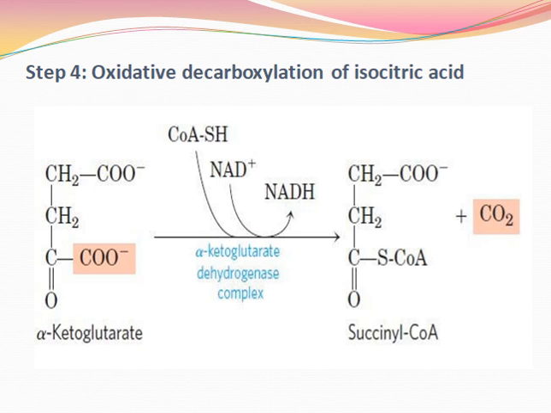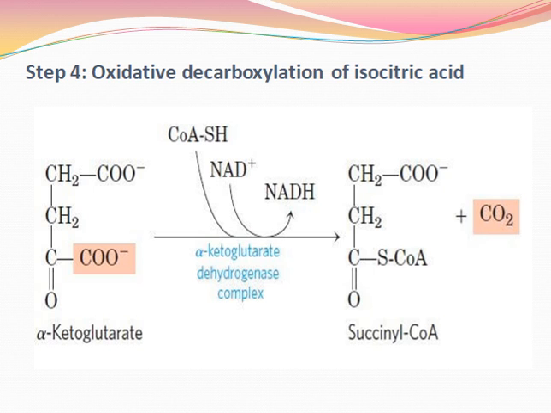The reaction in total: ketoglutaric acid plus coenzyme A plus NAD plus, by the enzyme ketoglutarate dehydrogenase with magnesium as a catalyst, produces succinyl coenzyme A plus CO2 plus NADH.